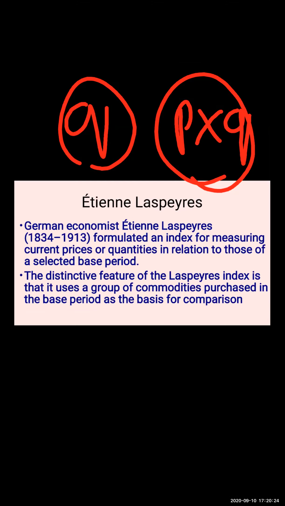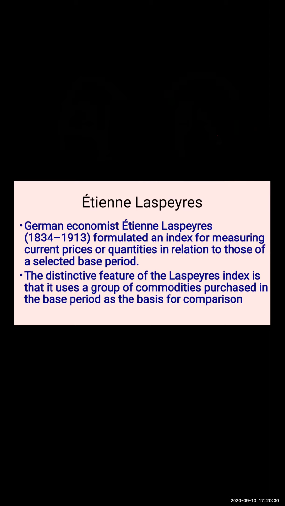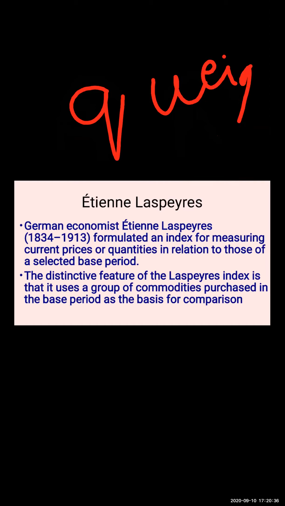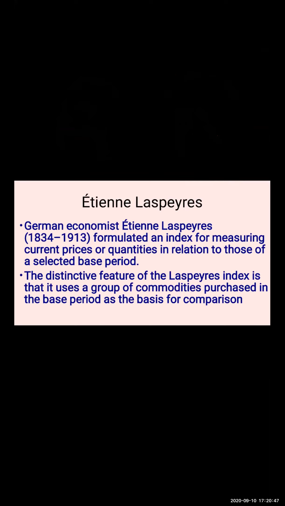In most of the cases, we use quantity as our weights. There are various methods of constructing weighted index number, such as Laspeyres's price index, Paasche's price index, and etc.